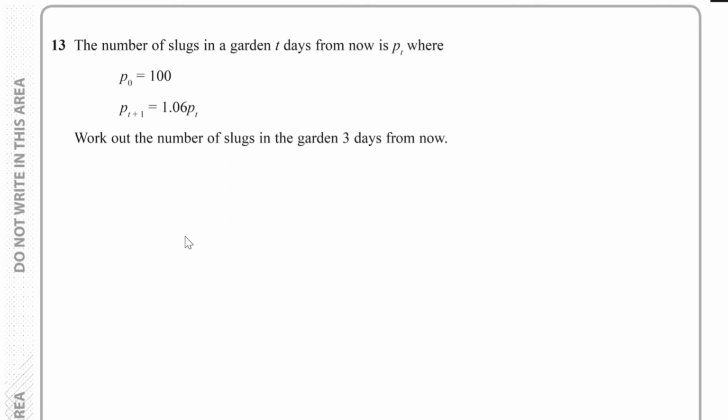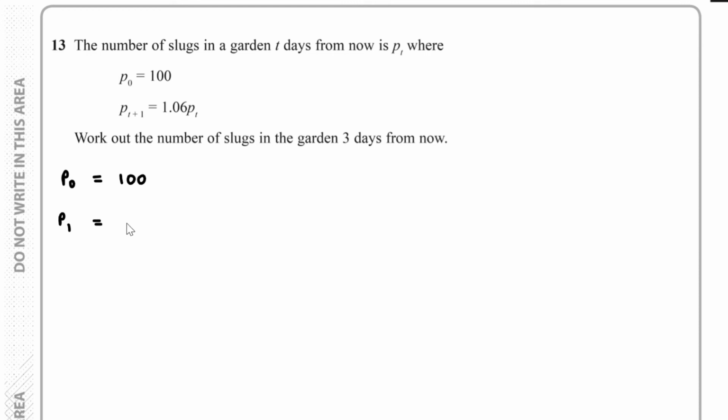Question 13. The number of slugs in a garden T days from now is PT, where P0 is equal to 100 and PT plus 1 is equal to 1.06 PT. We have to work out the number of slugs in the garden 3 days from now. So here we know that P0 is equal to 100, we're given that in the question.